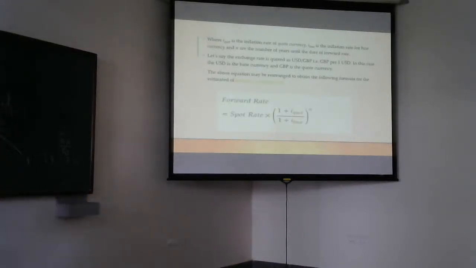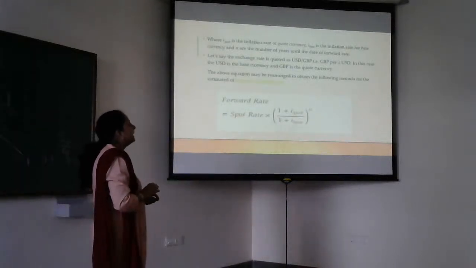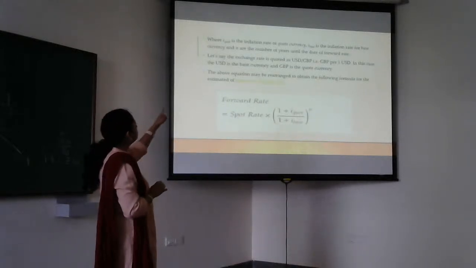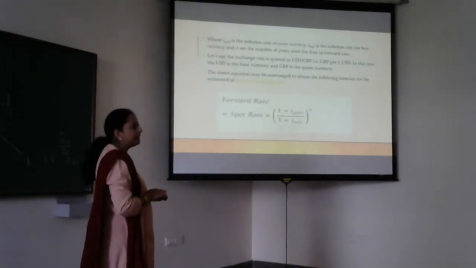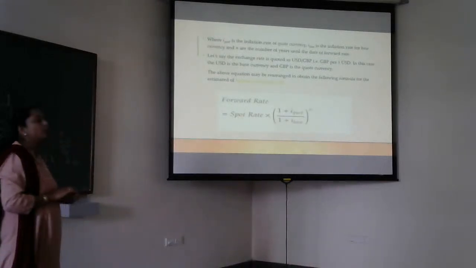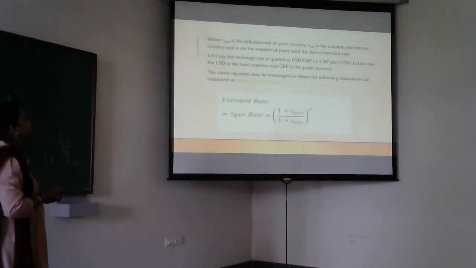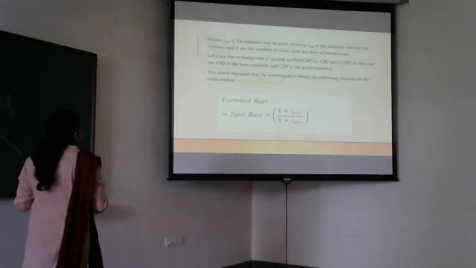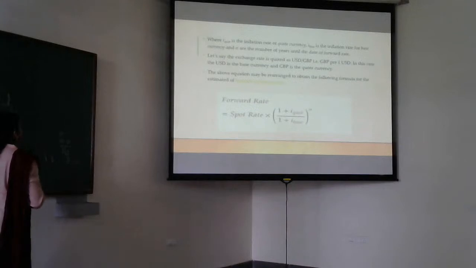What are they telling? They say, let's say the exchange rate is quoted as US dollars per pound, that is pound per USD. In this case, the USD is the base currency and the pound is the quote currency. So what are they telling? That in case we have to determine the forward rate, what formula are we going to use here?